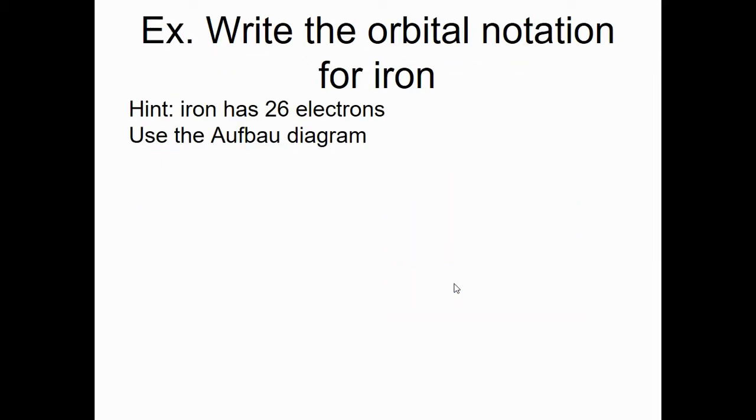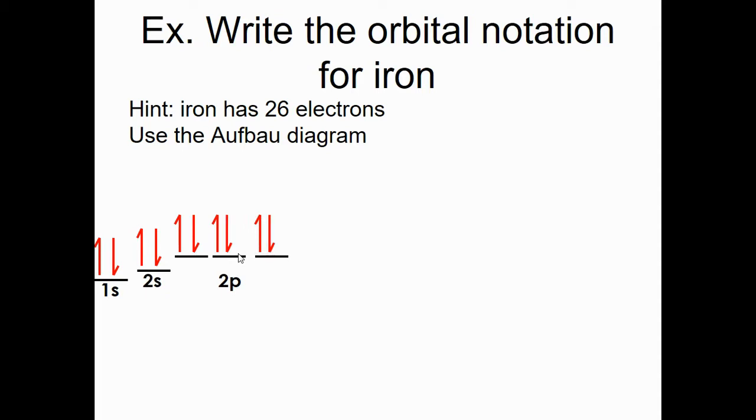Let's do this for iron. We're first going to draw the iron orbital diagram, or we can also call it an Aufbau diagram. Iron has 26 electrons. We have to keep track of our electrons. We'll put 2 in the 1s. Next comes 2s, 2, that's 4 total. 5, 6, 7, 8, 9, 10.